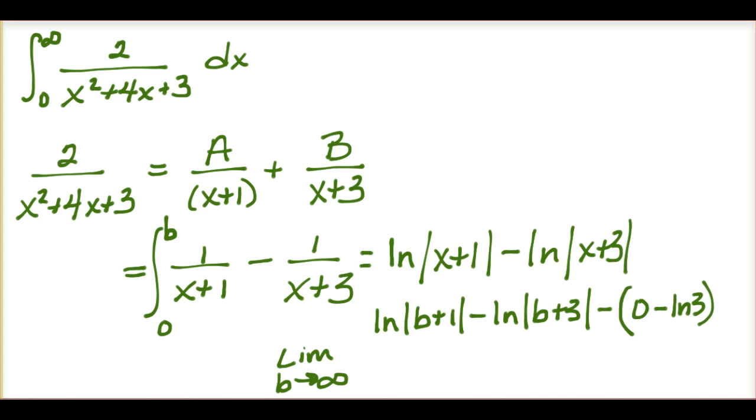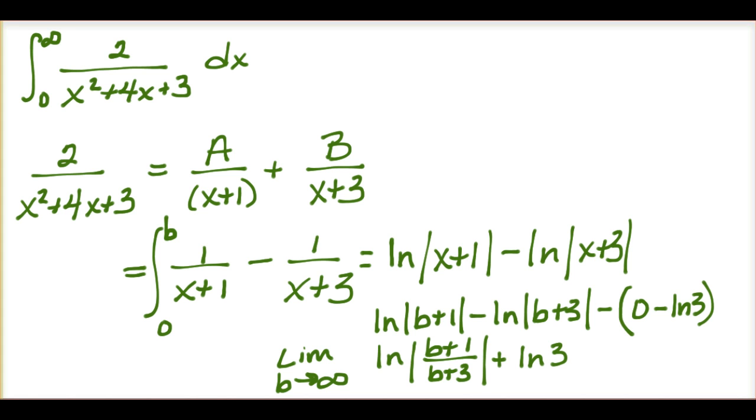So as b gets very large, in fact, I'm going to rewrite this as the natural log of b plus 1 over b plus 3 plus the natural log of 3.